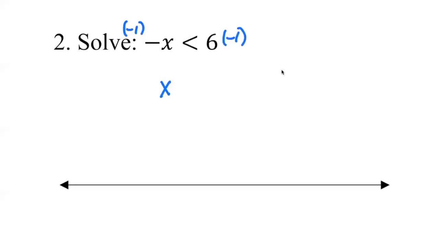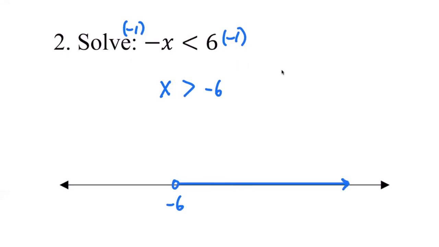In doing so, the right-hand side would be -6, and the inequality sign would have to be flipped. So we put -6 right here, an open circle, and then we go all the way to the right.